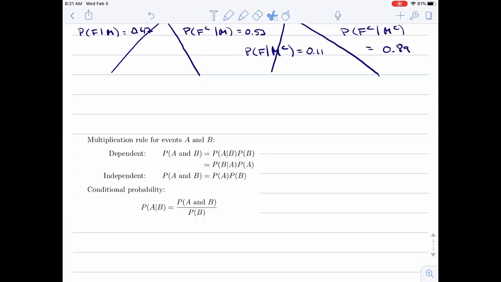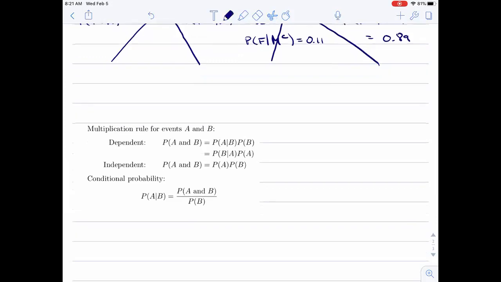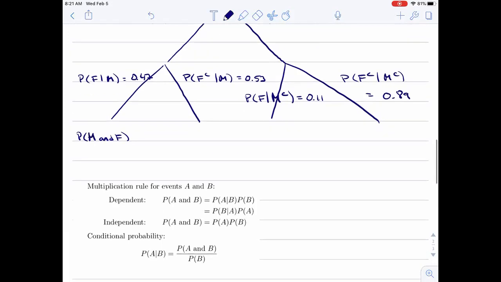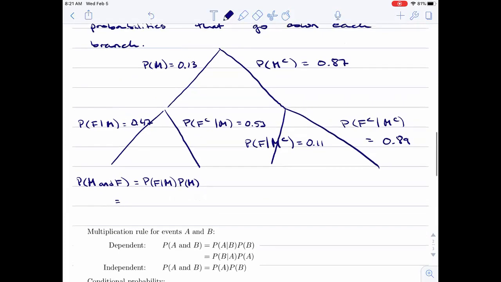And so for this one, the probability of M and F is going to be the probability of F given M times the probability of M, which is just 0.13 times 0.47.